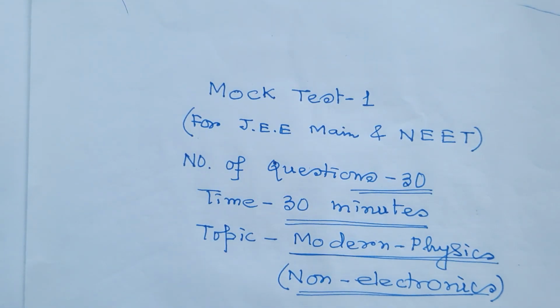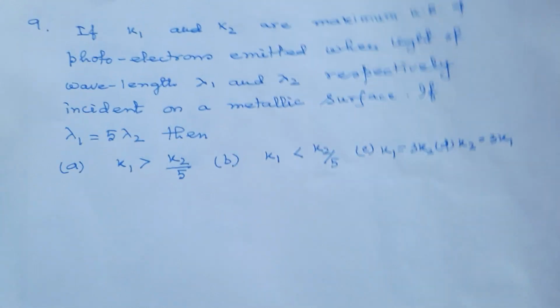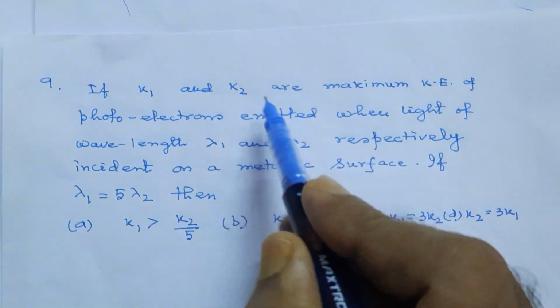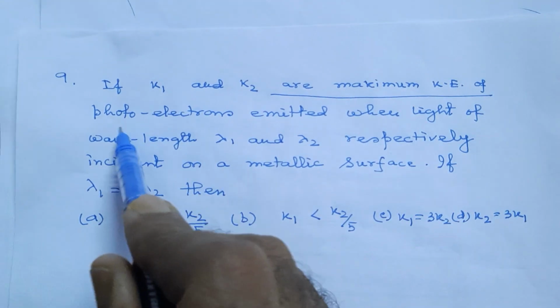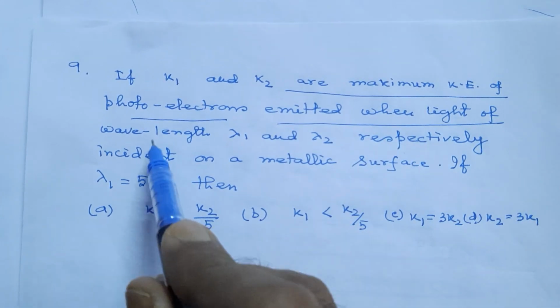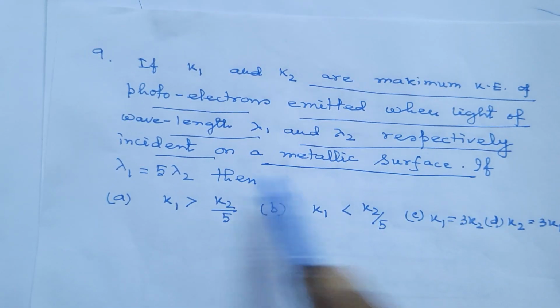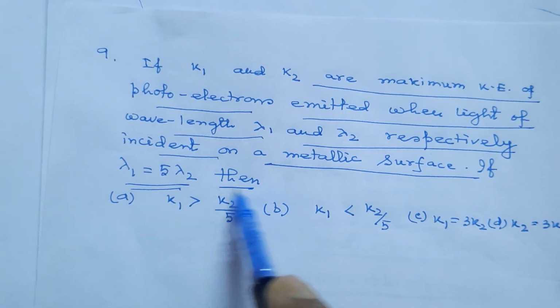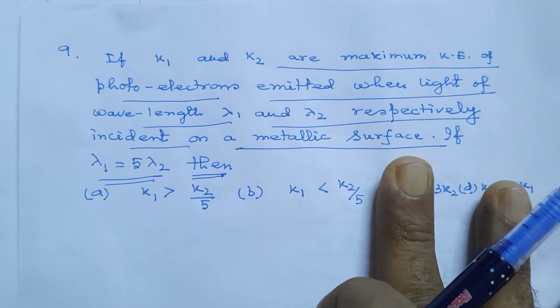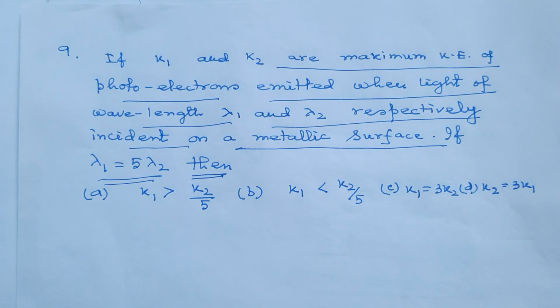Next, question number 9. If K1 and K2 are the maximum kinetic energies of the photoelectrons emitted when light of wavelength lambda 1 and lambda 2 respectively is incident on a metal surface, and lambda 1 equals 5 lambda 2, then... A similar problem.